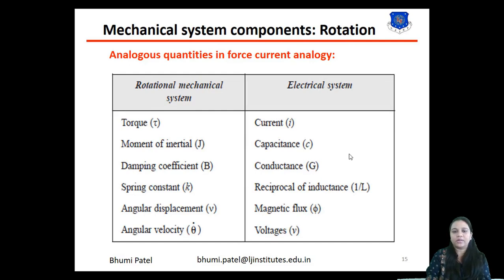For rotational motion, torque T is directly equivalent to current I, moment of inertia J is directly equivalent to capacitance C, damping coefficient B is directly equivalent to conductance G, spring constant K is directly equivalent to the reciprocal of inductance, 1 by L, angular displacement theta is directly equivalent to magnetic flux phi, and angular velocity theta dot is directly equivalent to voltage V.